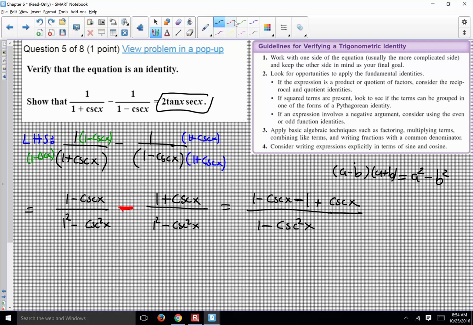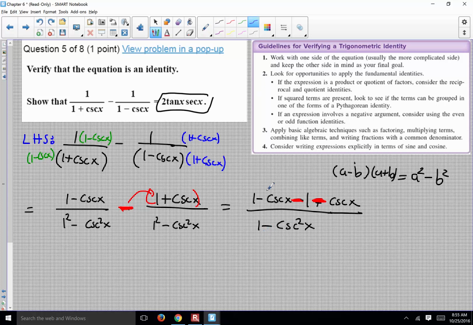Yes, this should be minus. Do you all see that? Because when I subtract 1, it's minus 1. But when I subtract cosecant from this group, it's minus of all this stuff. This has to be minus as well.